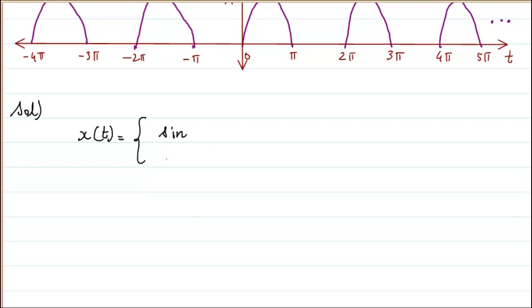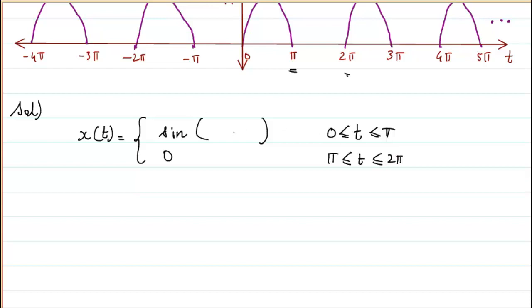I will write sine, something has to come here, for t between 0 and pi, and then for t from pi to 2 pi it is 0.